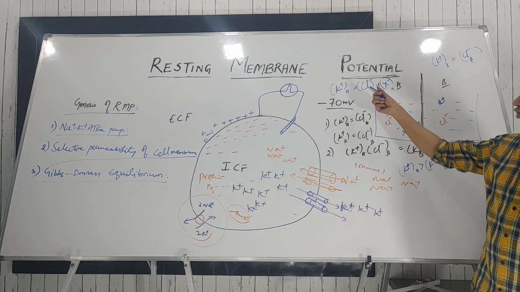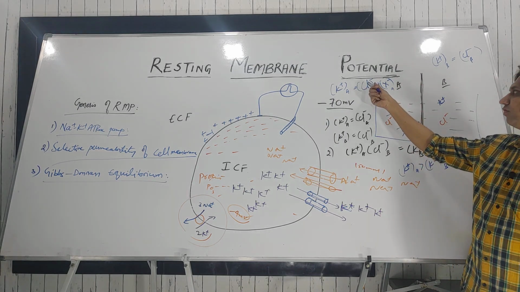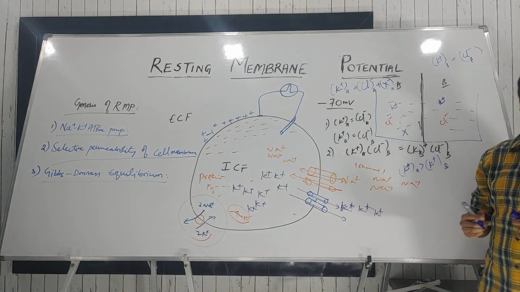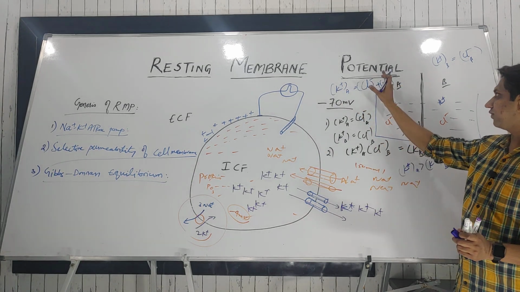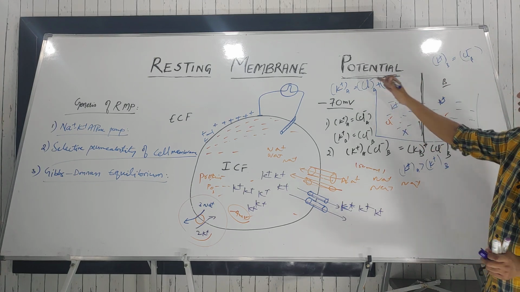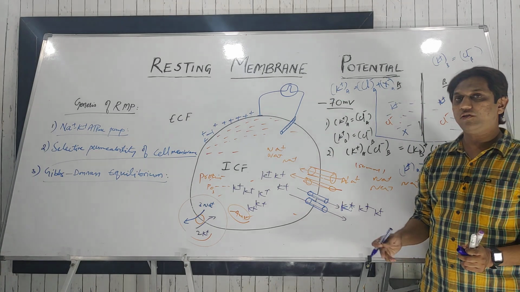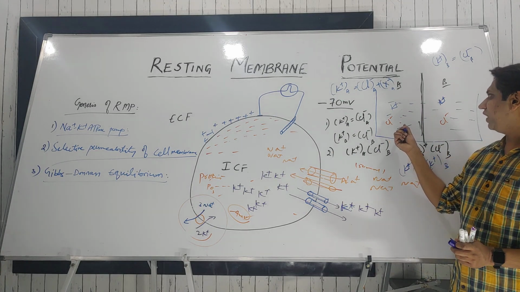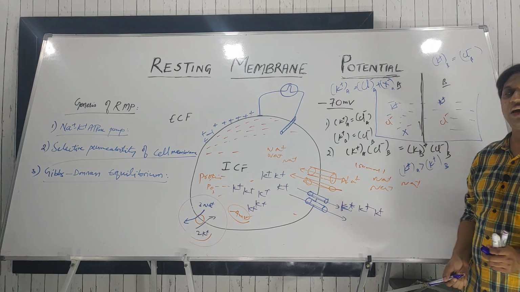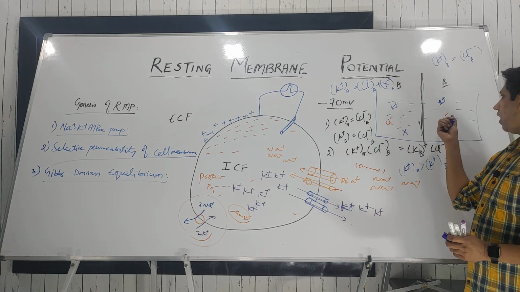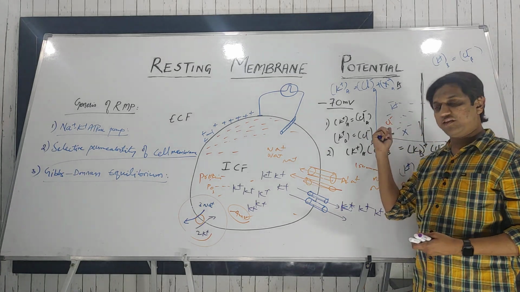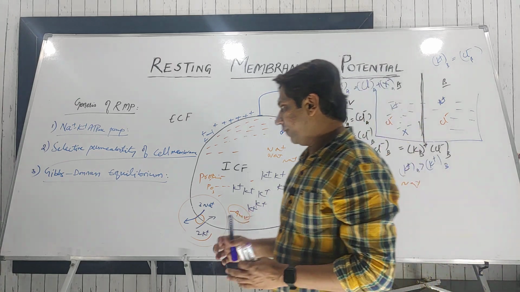Because the total positive charges should be equal to the total negative charges, chloride of B will be more than chloride of A. So where there is an extra negative anion, potassium will be more as compared to the other side, and chloride will be more on the other side as compared to the side where there is one more extra anion. Okay, hope it is more clear.